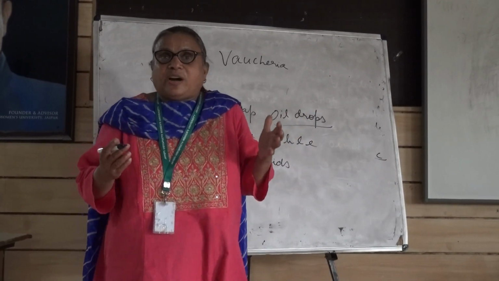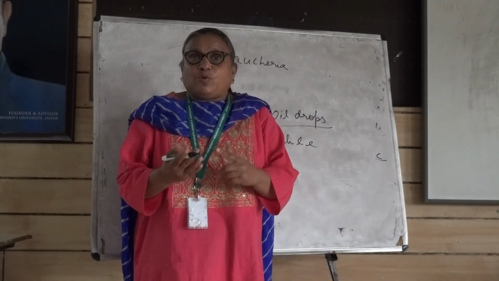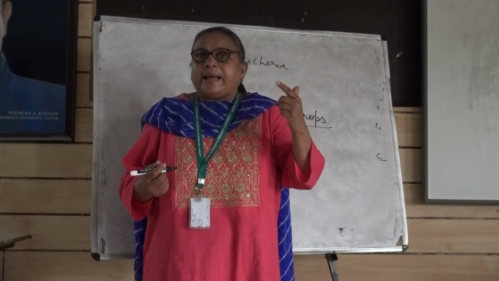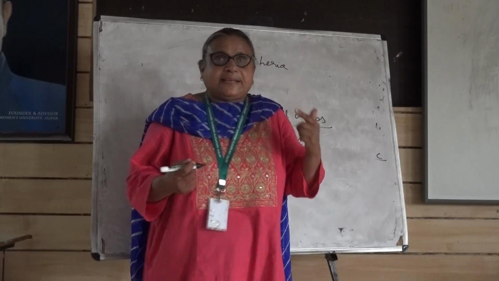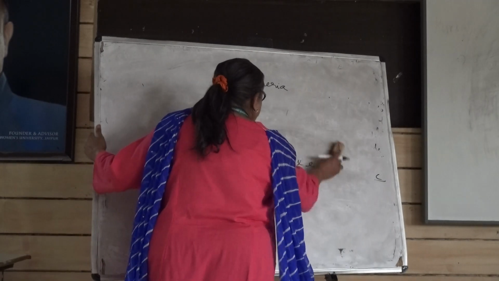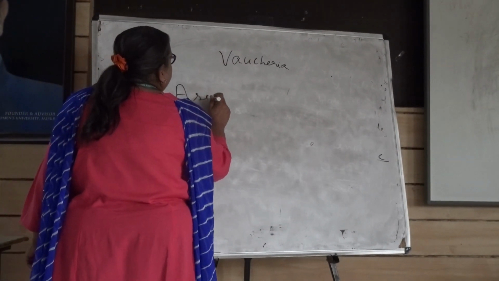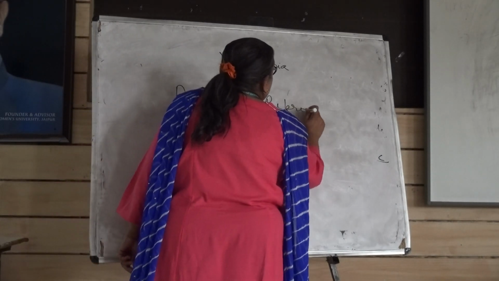And now I start with reproduction in Vaucharia. Vaucharia reproduces by vegetative means, by asexual means and by sexual means. First of all, asexual reproduction in Vaucharia. I write here the asexual reproduction in Vaucharia.